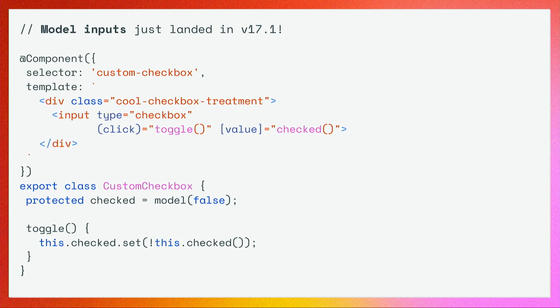As well, we launched in the same minor model inputs, which act as sort of like a model value. So model gives you a writable signal that you can update values directly, and they will propagate values back through a two-way binding. So this brings Angular's super popular two-way binding model to signals and crosses those two reactivity models.